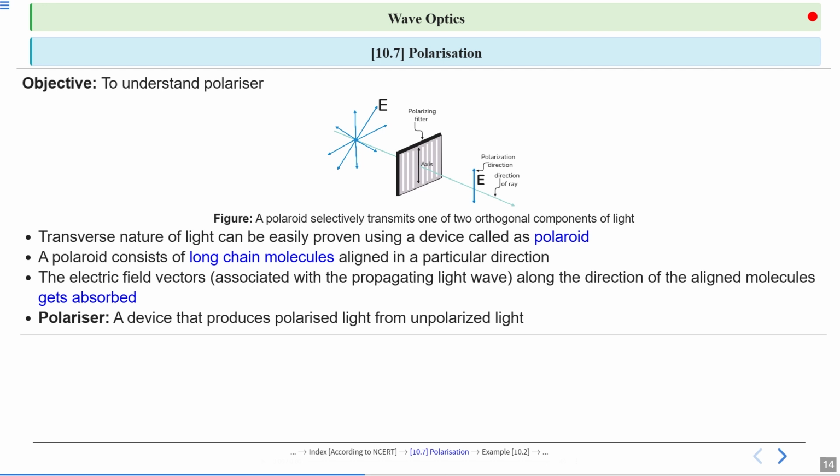Light is polarized by passing through the Polaroid, so its function is to polarize the light. That's why it is called a polarizer. When we analyze the intensity coming through the polarizer, then that Polaroid will be called an analyzer.